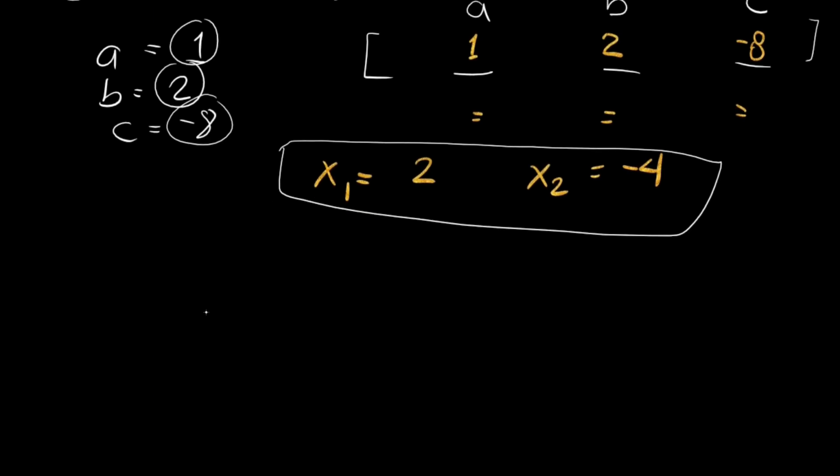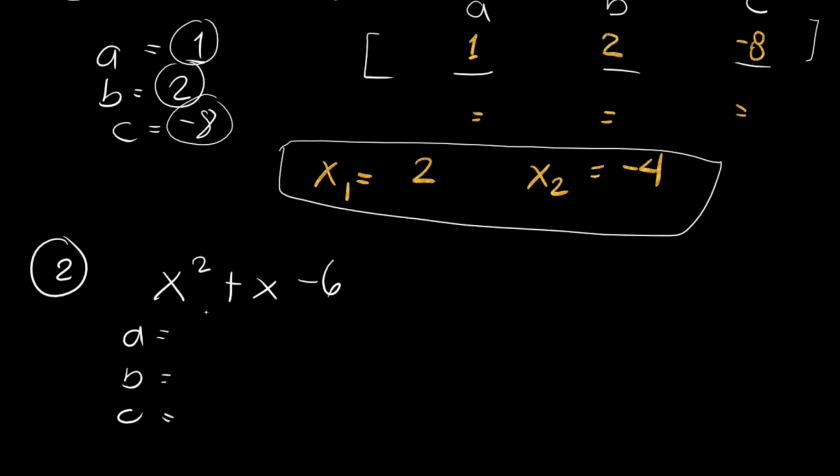Another way, another example. So, yung pangalawa nating example is x squared plus x minus 6. So, ganun ulit. Kunin mo si A, si B, at si C. Ito si 1, 1, and negative 6. So, try mo ulit i-input yung values.